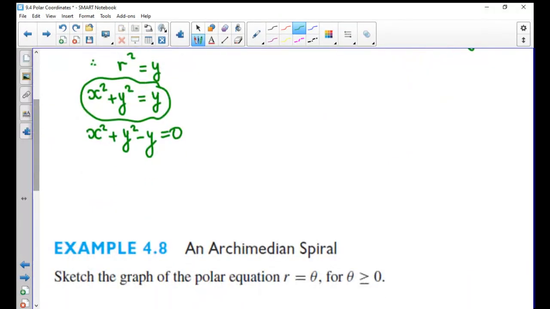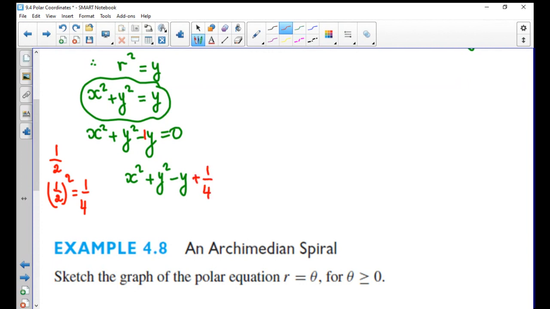Then, I don't know whether you remember, how did we change this? Look at the number in front of y, which is 1. So you take 1 and you divide it by 2. And then what do we do with this number? We square it. We get 1 over 4. So you take x squared plus y squared minus y, and you add 1 over 4, and you subtract 1 over 4, and make this equal to 0.